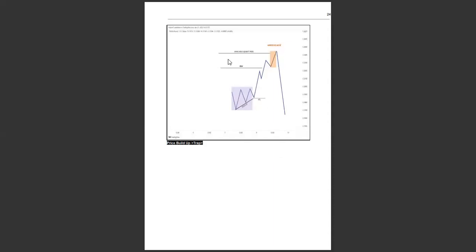Case 3. Price build up trap. So this is a build up trap. Build up area, it's a trap. Then it breaks and gives us a proper aggressive move in the market. Swing high liquidity foul.